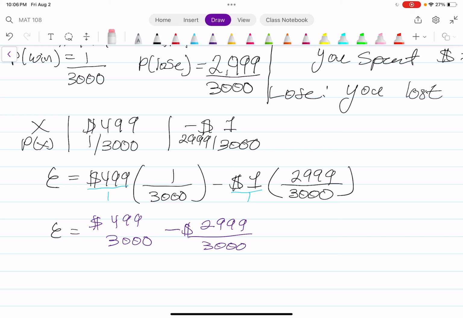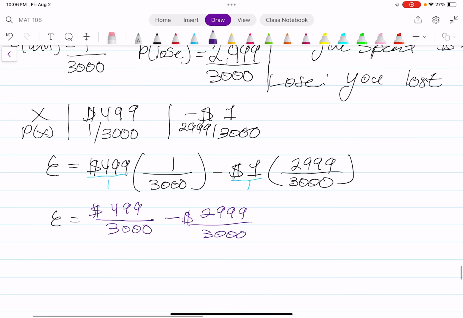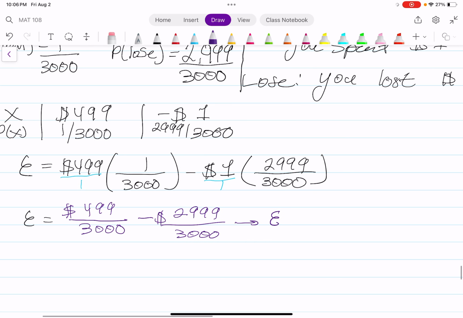Let's straighten this out. When we subtract that, I believe that's minus 2,500 over 3,000.